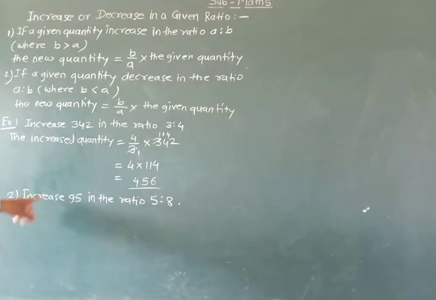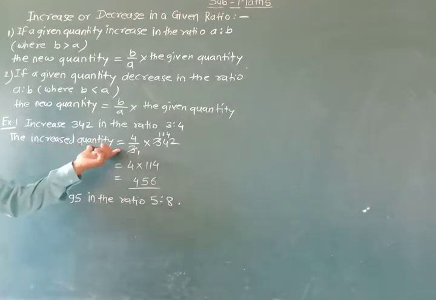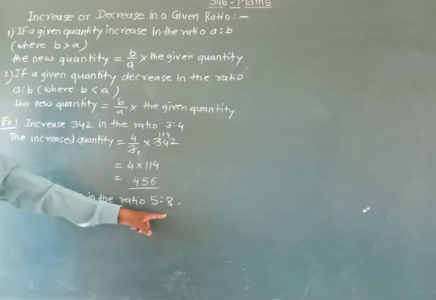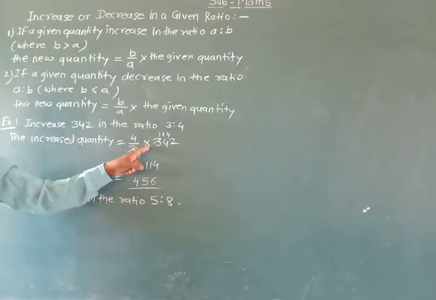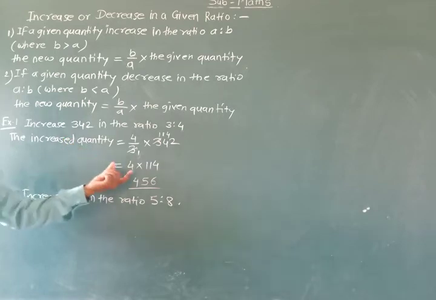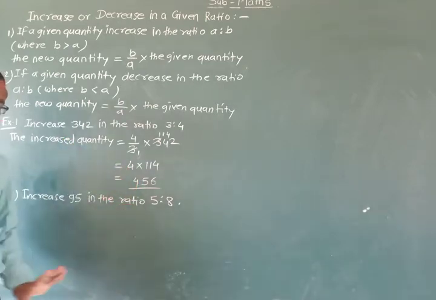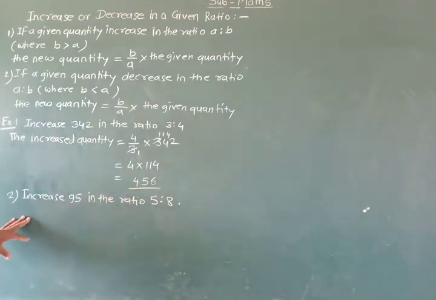This example you do with the same process. First you write the increased quantity is equal to, here 5:8, so you take 8 upon 5 multiplied by 95, and then we simplify it and get the answer. So the same process follows for example 2.